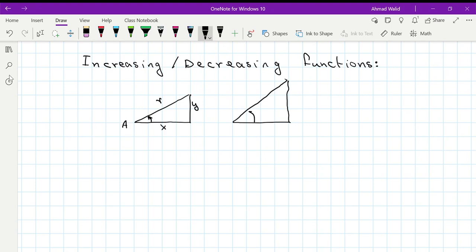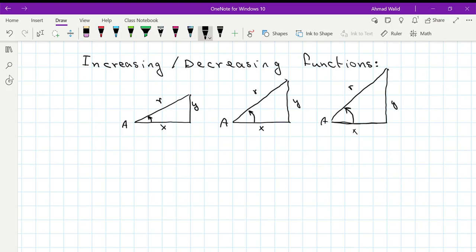This is your A. Again, this is X, this is Y, this is R. And the third one, I'll increase it more, but still try to keep it acute. Correct? This is angle A. X, Y, R.